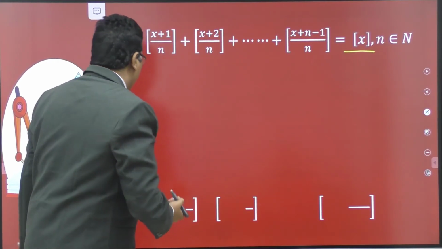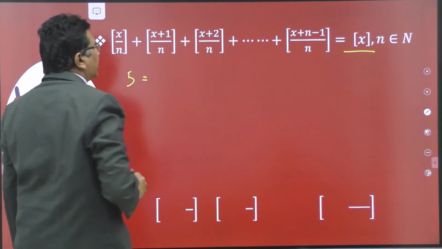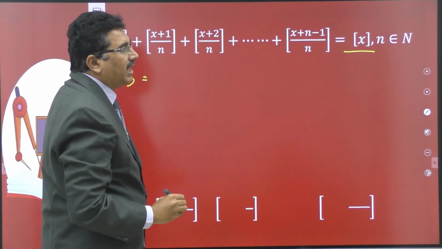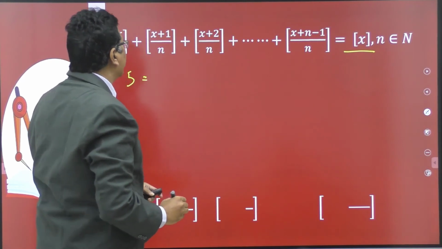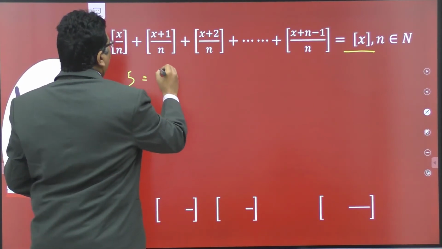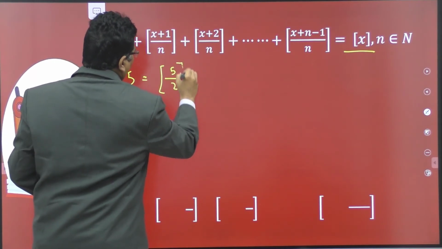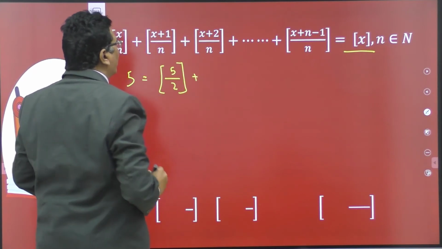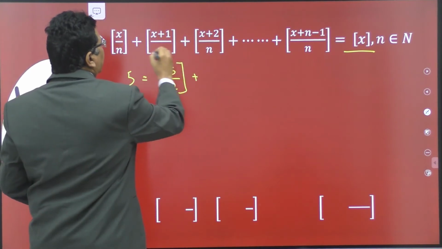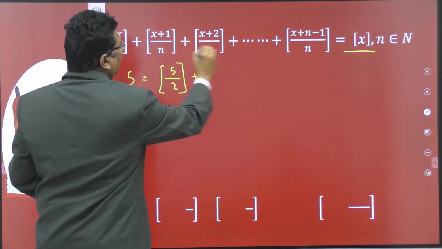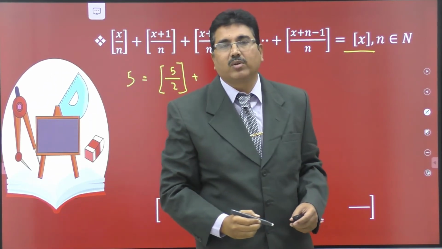Suppose 5 is an integer. 5 can be written in different ways by using this result. See, 5 is equal to floor of 5 by 2. Here n is equal to 2, so we get 2 terms, since the LHS contains n terms. Here x is equal to 5 and n is equal to 2.